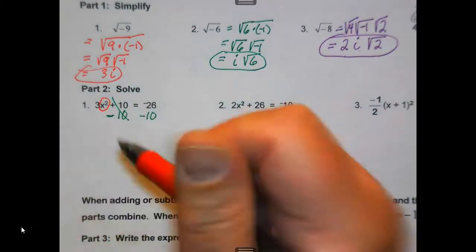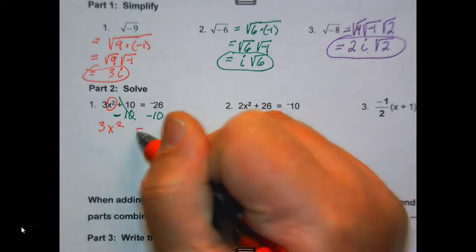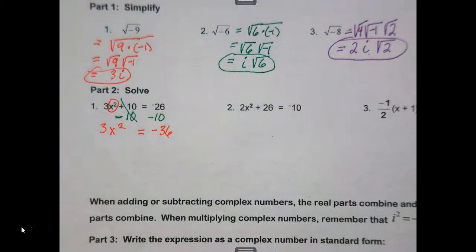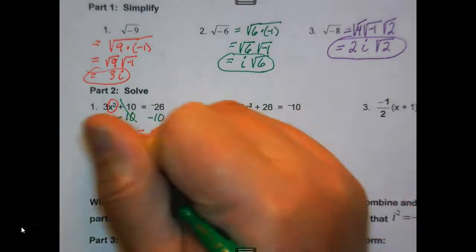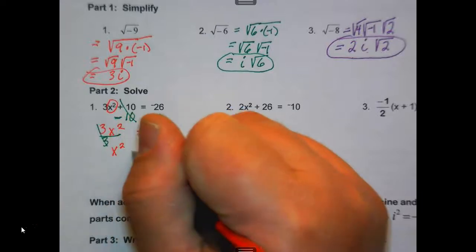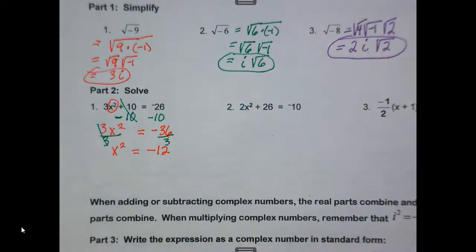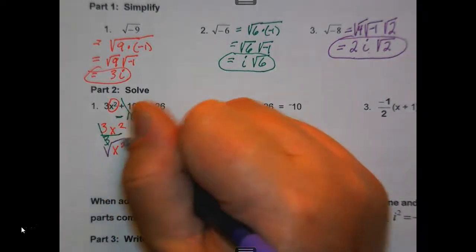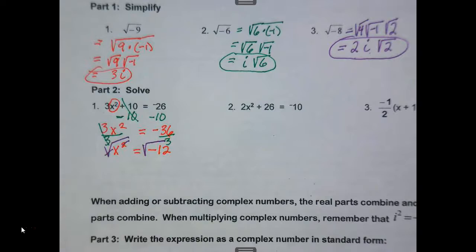Okay, so I get 3x squared equals negative 36. Divide by 3. So x squared equals negative 12. Now what? Square root both sides. I get x.